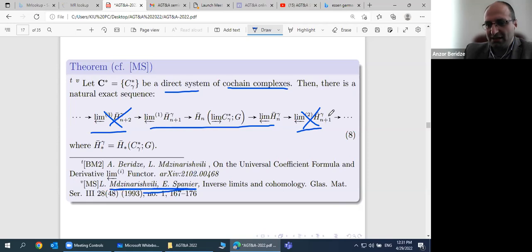But in the general case, when we work with non-compact topological spaces, maybe we have higher derived limits. And this is done here. Such a formula was done by Zinarishvili and Spanier in the dual version of this one.